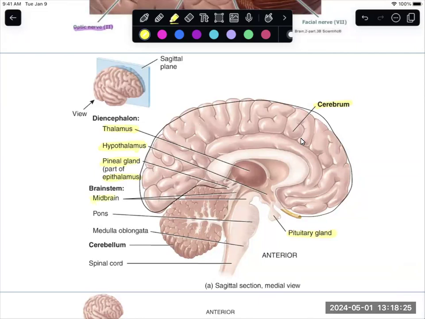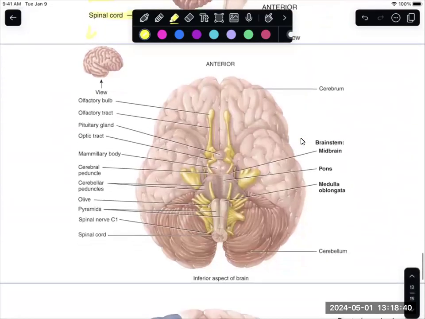We can see that midbrain, pons, medulla oblongata, the cerebellum. And then below the medulla is where we start the spinal cord. This is what exits that foramen magnum in the skull and travels all the way down that spinal cord.